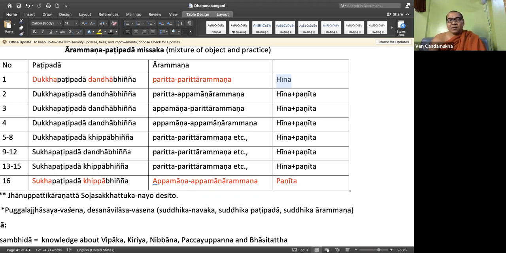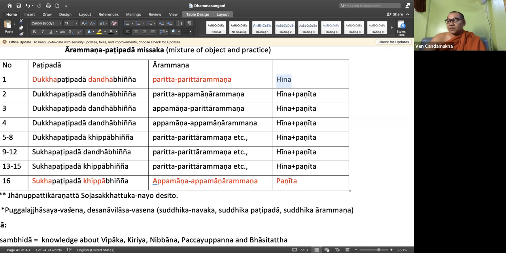But if we make a comparison between the Buddha's Patisambhida and the others' Patisambhida, they are very much different, incomparable. The Buddha's attainment of Patisambhida, or the power of Patisambhida, was much higher than the Patisambhida of other disciples as well as the Paccekabuddhas.